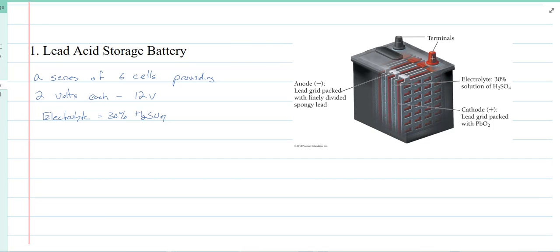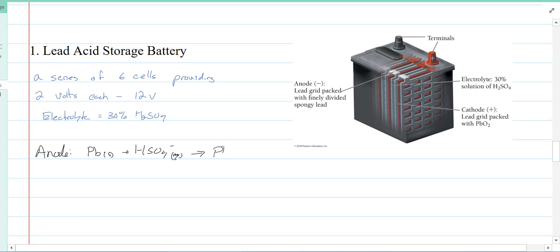The anode's lead. So our anode would be Pb solid plus HSO4 minus going to PbSO4 plus H plus 2 electrons. And that standard potential is 0.296 volts.